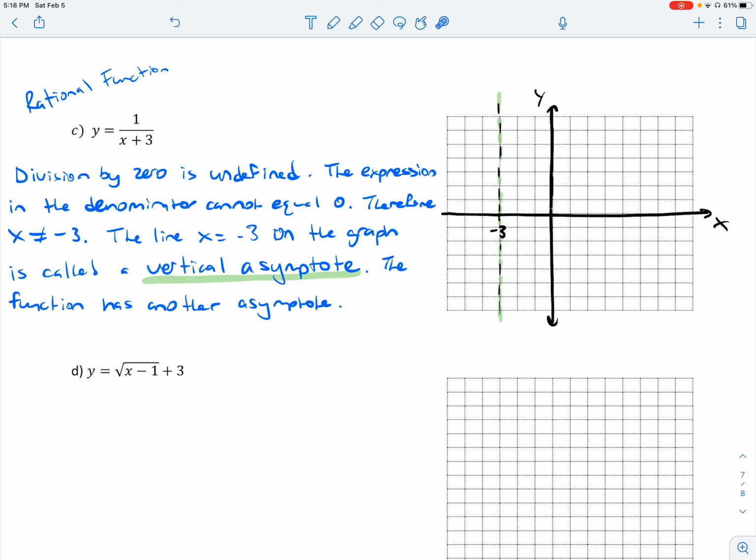Okay. Now 1 divided by something can never equal 0. You can give me any number you want for me to plug into x. And when I do 1 divided by x plus 3, I will never get 0. Okay, so let's just write that out here.